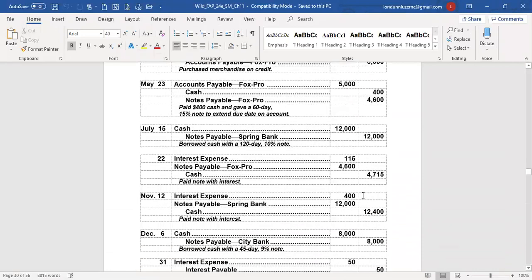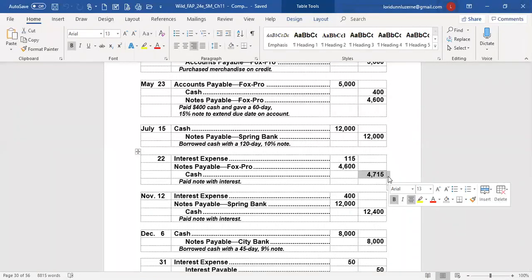So we're going to debit notes payable right here for $4,600, decreasing it, debit interest expense, and then credit cash, decreasing the cash because we're paying it. So that's how we handle a note when we're paying it off.